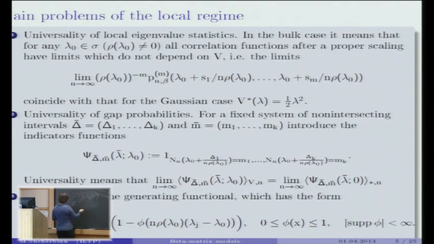If you want the indicator in the case when the interval delta contains m points, then you have to consider the sum over all subsets I of 1 to n such that the cardinality of I is m, and here you write the product of indicator of delta of lambda j for j in I, and the product of 1 minus indicator of delta of lambda j for j not belonging to I. And if you have more intervals, it is something like this, but I don't want to write the formula exactly, it's not so important.